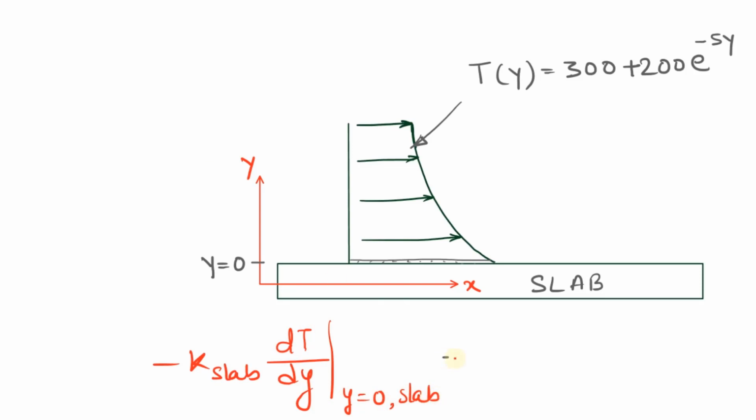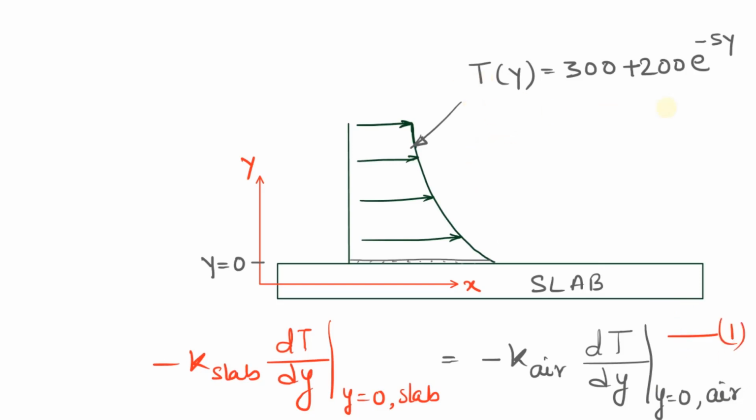This should be equal to the heat gained in this first layer of air, so negative k air dT by dy at y equal to 0 of air. Let's say this is equation number 1.